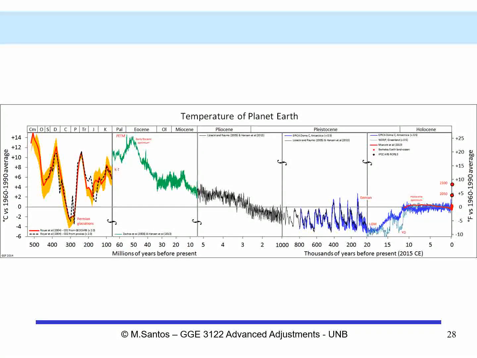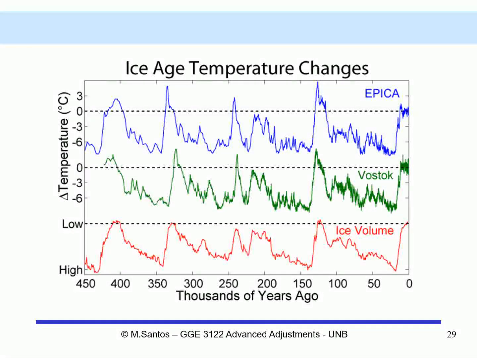Now, we see the snapshot of the Pleistocene looking at the ice ages themselves. The three profiles come from different ice cores collected in different places. They all basically show the same features. We have the ice age when we have low temperature, and then we have these peaks called interglacials, marking warmer temperatures between ice ages.